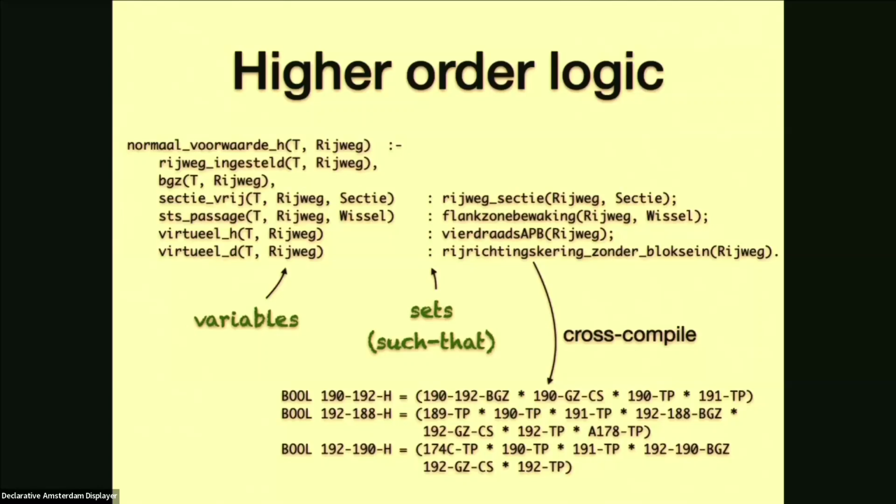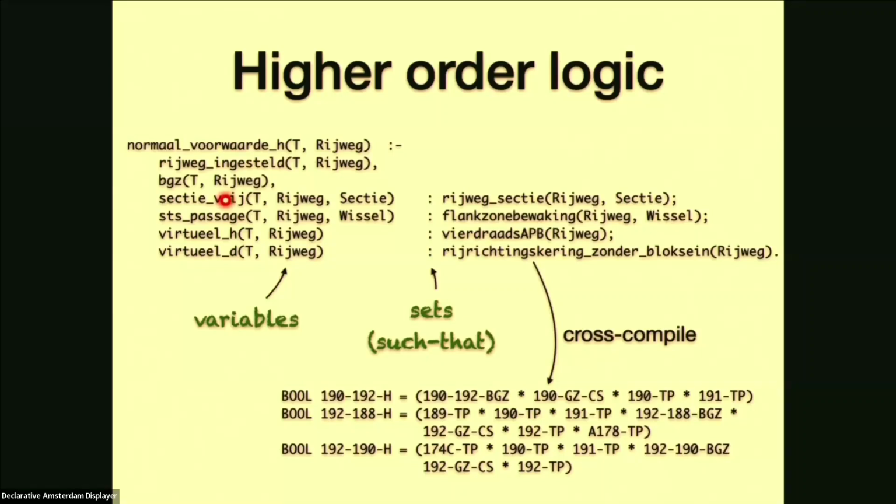And what you see here is that the predicates on the right are typically more or less static predicates that say something about, for example, this route consists of these sections. So there may be multiple of these route-section combinations. And for each of them, this section has to be free.